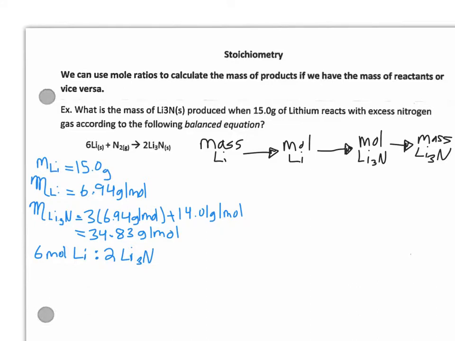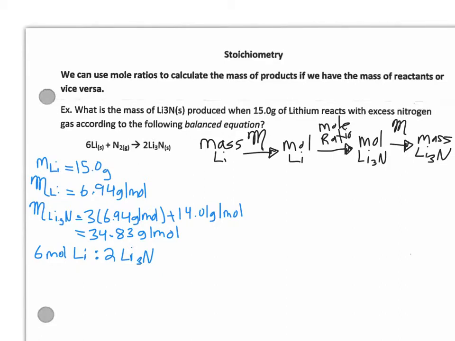So from the moles of lithium, we can get the moles of lithium nitride, and then we can get to the mass of lithium nitride. So we're going to do this going from mass of lithium to moles of lithium. We're going to use our molar mass. Going from the moles of lithium to moles of lithium nitride, we're going to use a mole ratio. And then to go from mole to mass, we're going to use the molar mass again.